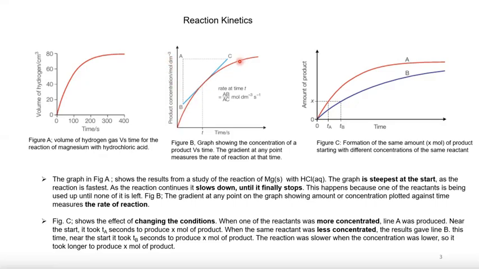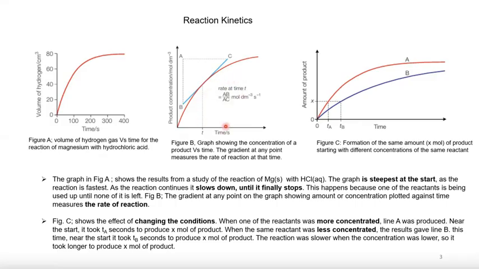In this graph, we draw a tangent like this, and the rate at that time we can find out by AB by BC, or AB by AC, which gives us the rate of reaction at that time.